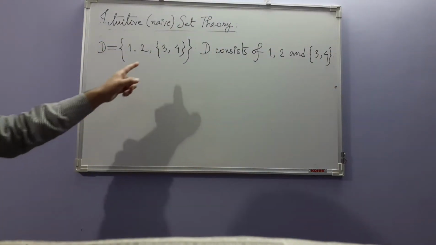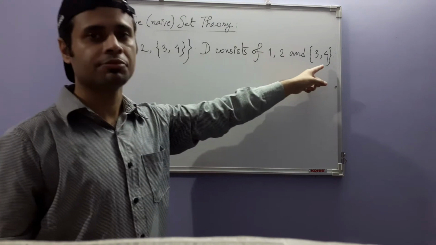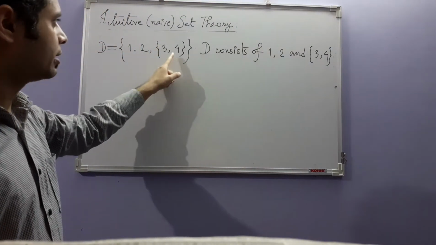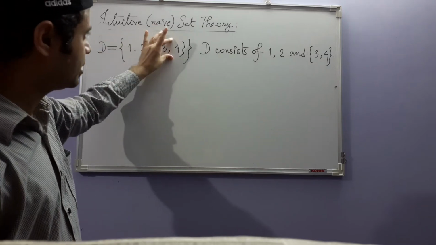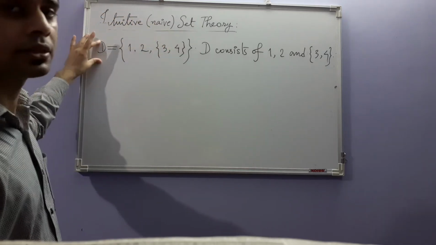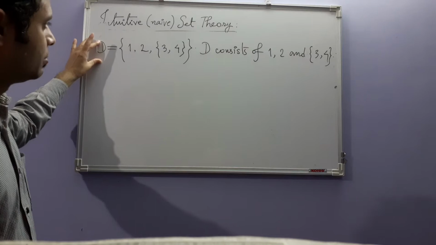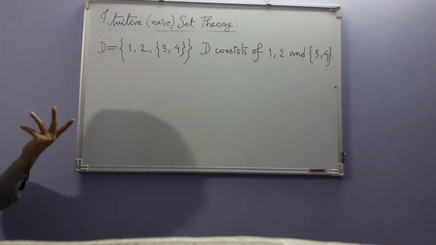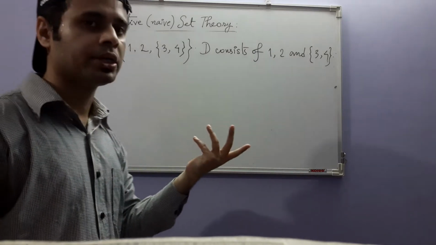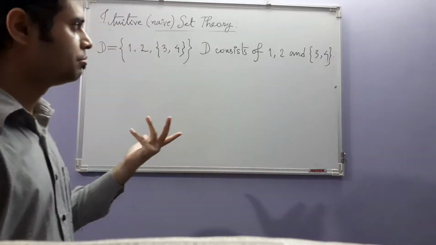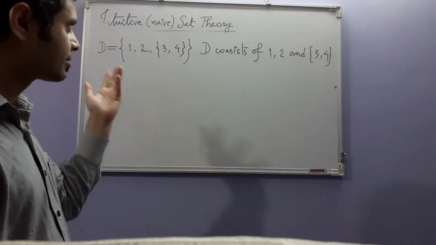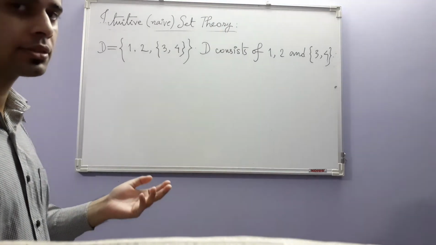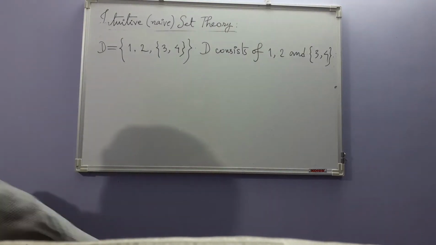So you see that the set 3, 4 is itself an element of D. Okay, so this set can be an element of another set. This may sound strange or complicated at first, but you will soon be accustomed to this, and in fact this concept arises quite often in mathematics.